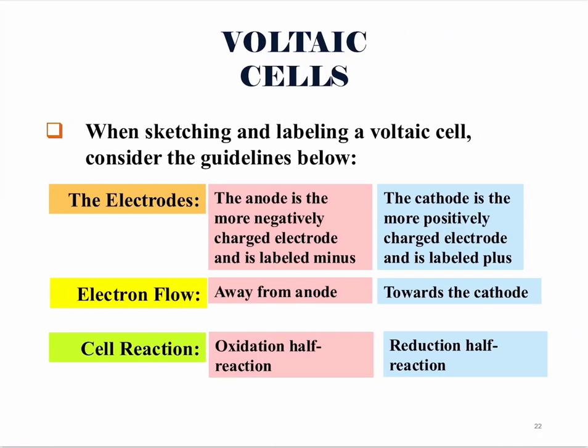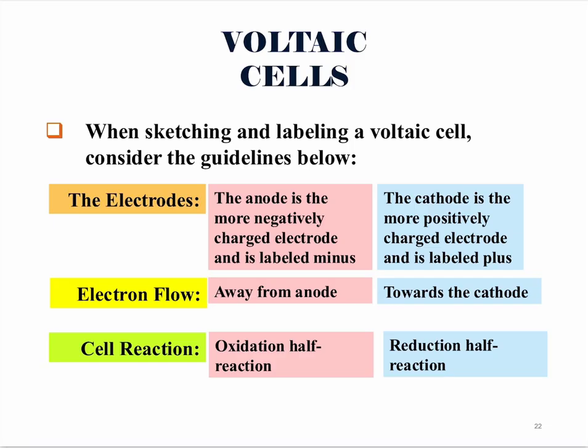When you're sketching and labeling a voltaic cell, you're going to consider the following things. The electrodes: the anode is the more negatively charged electrode because that's where oxidation happens, where the species is losing electrons, and it's usually labeled minus. The cathode is the more positively charged electrode and is labeled plus.